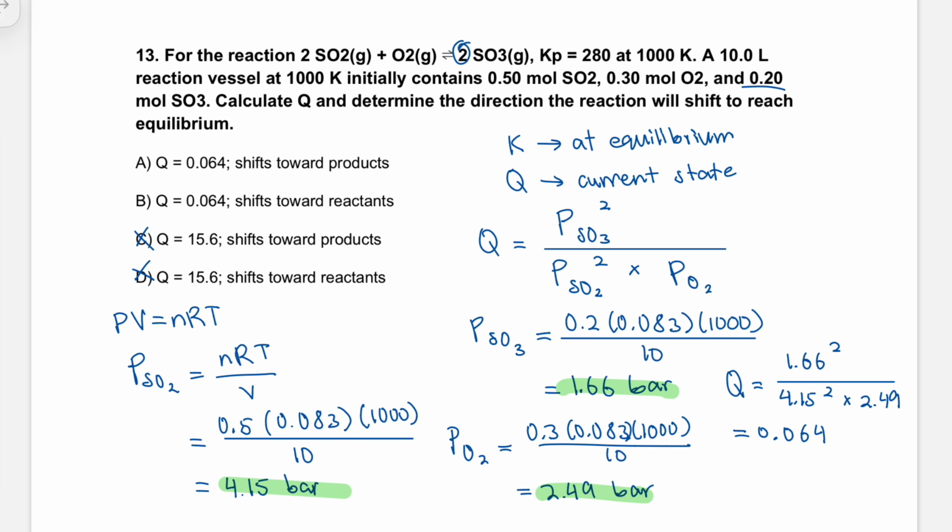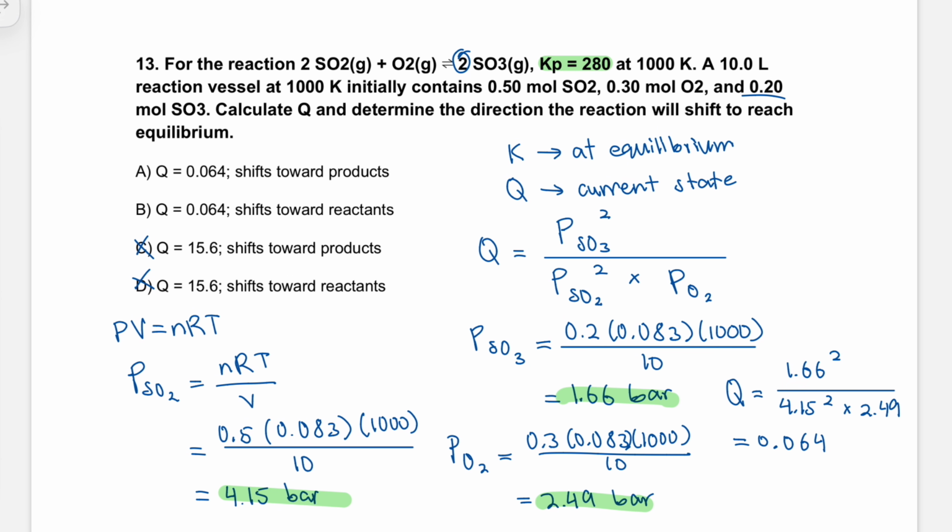reactants? How we figure this out is we compare it to the K value. So it tells us that for the reaction K is 280, and this is much smaller than that. So this means if the Q value is too small, it means the numerator is too small, and the numerator has the products.